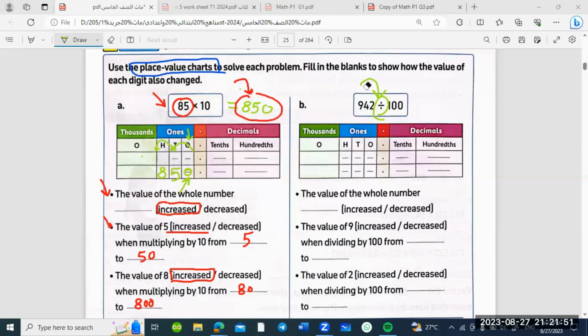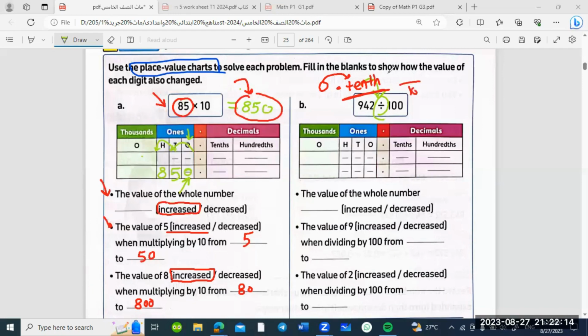Your number will get smaller, not bigger, because now we decrease the place value of each digit. If you have a number in ones, it will be in tenths. Do you know tenths? Tenths is the first digit after the decimal point, which is a fraction over 10.